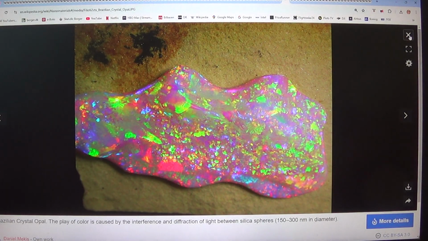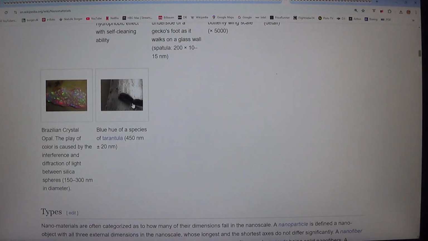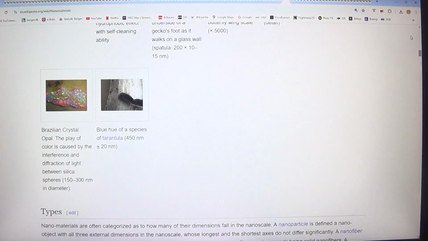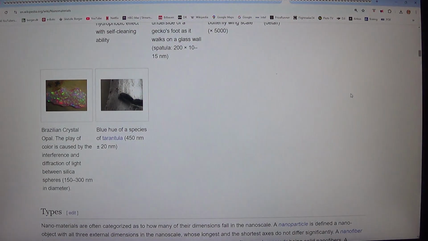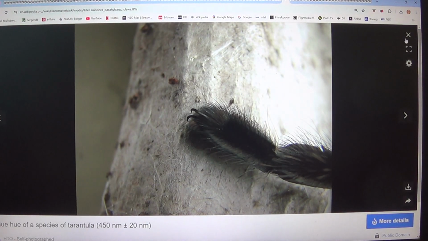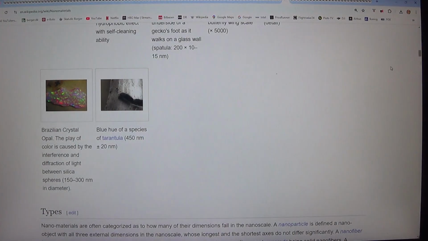Peacock feather, detail. 6. Brazilian crystal opal. The play of color is caused by the interference and diffraction of light between silica spheres, 150-300 nm in diameter. 7. Blue hue of a species of tarantula, 450 nm plus or minus 20 nm.